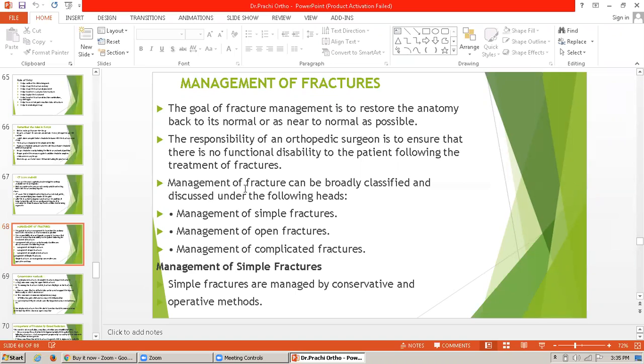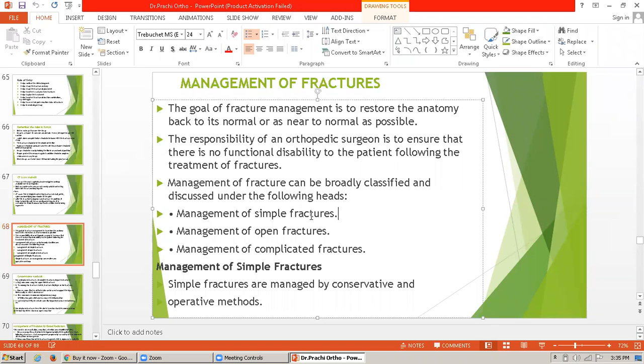Then, management of the fracture can be broadly classified and discussed under the following heads. That is, management of simple fracture, management of open fracture, and management of complicated fractures.